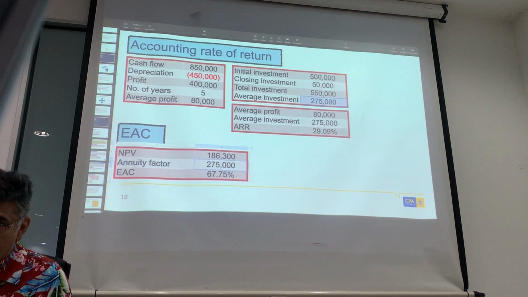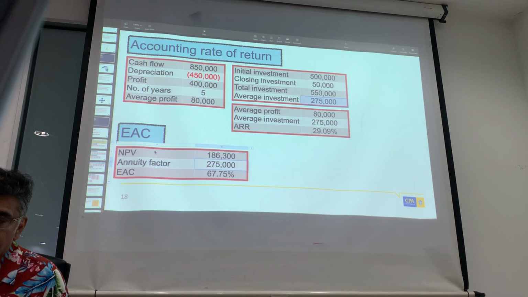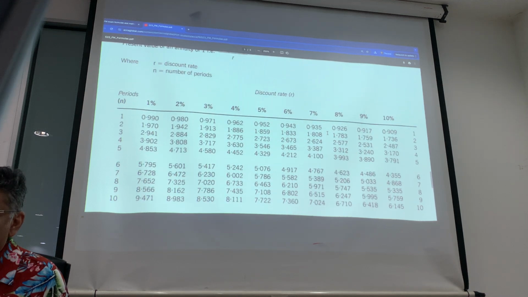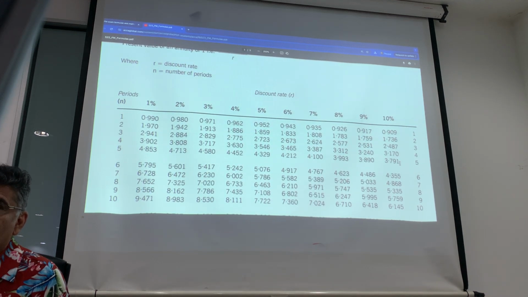Okay, the annuity factor you take from here: 10% for 5 years is 3.791.